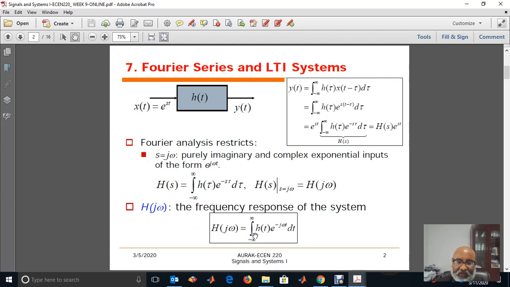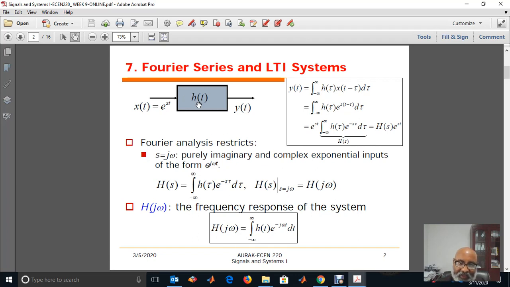H of j omega is the integral from minus infinity to infinity of h of t e to the power of minus j omega t dt. If you see this integral, it is a function of omega. We call this the frequency response of the system. In short, the frequency response of the system is the characteristics of the system in the frequency domain.